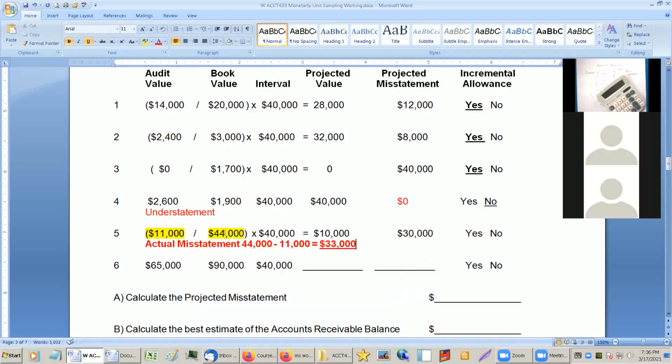So whenever the book value is more than the interval, you don't do the ratio. You simply say what they are up by, and this is the amount that will be in the statement.